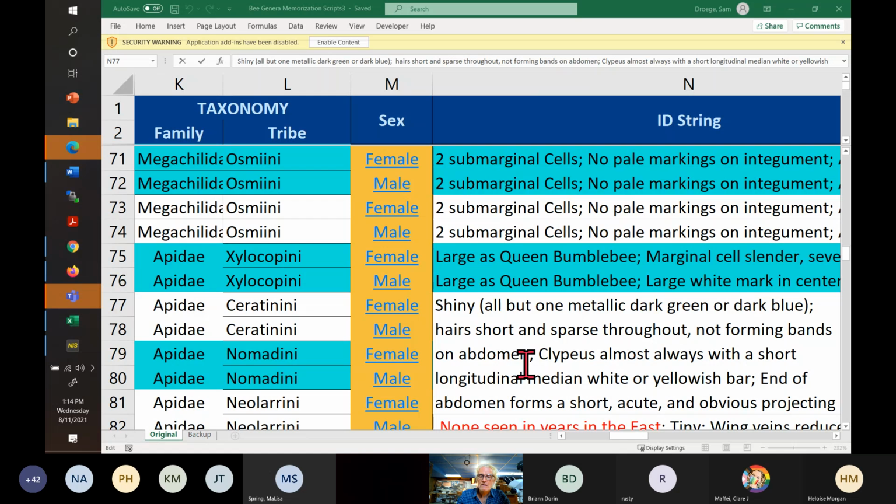Additionally, I think it's not listed here because I've run out of space, but when you look at it, the abdomen in both the males and the females is very parallel-sided. So it's a little different than many of the other species, which have an abdomen that is somewhat oval-shaped, or certainly not parallel-sided.